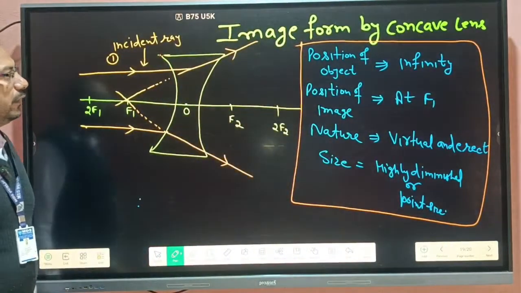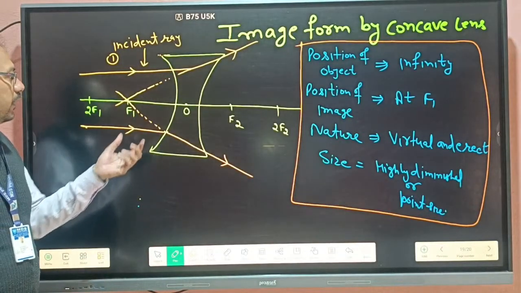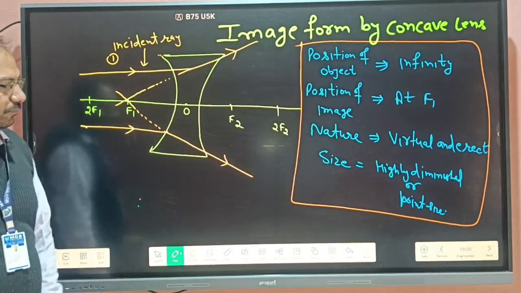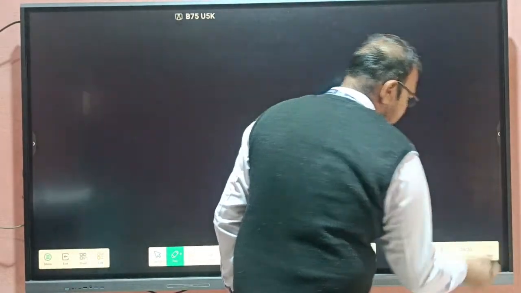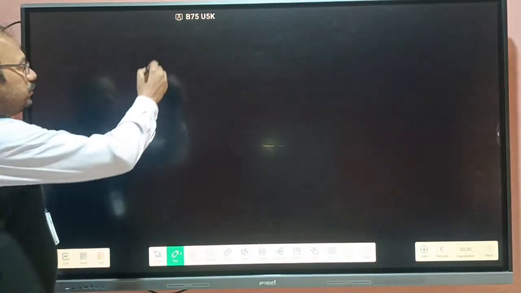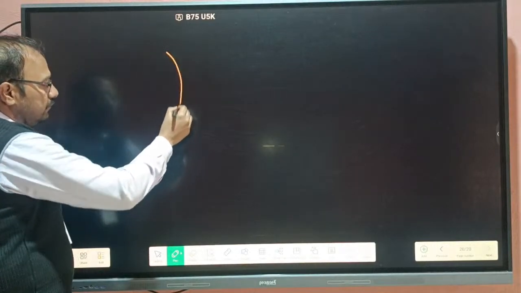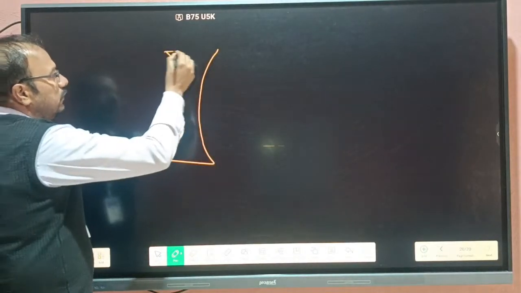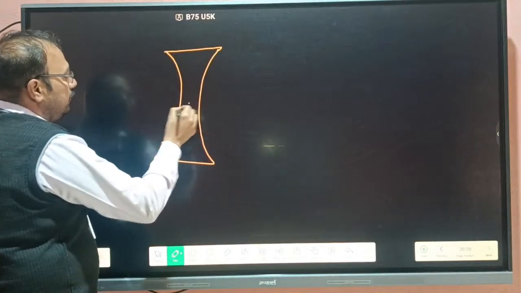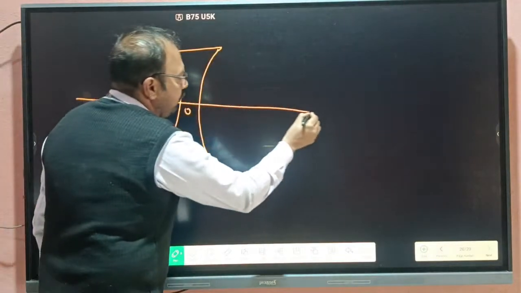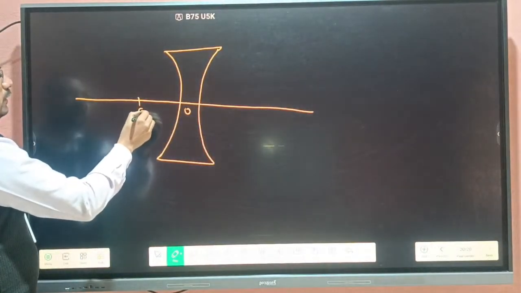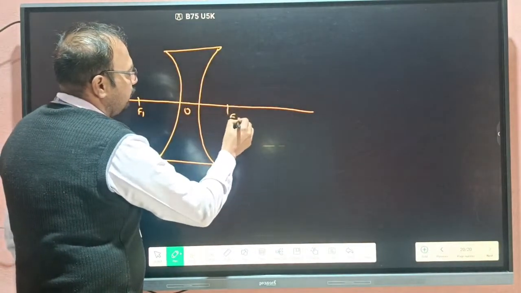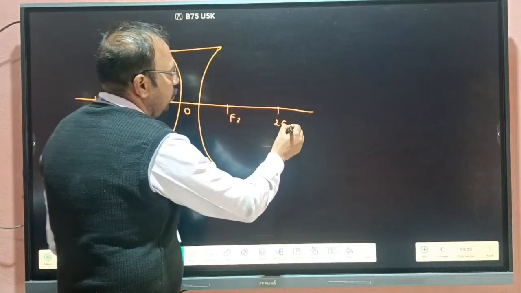In the next case, we put the object anywhere from the optical center and find out where the image forms. So we take a lens, this is the optical center and this is the principal axis, this is F1, 2F1, F2 and 2F2.